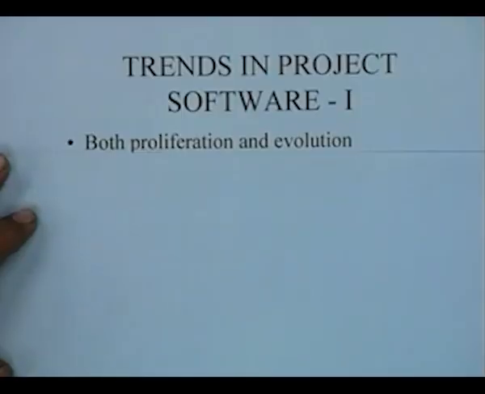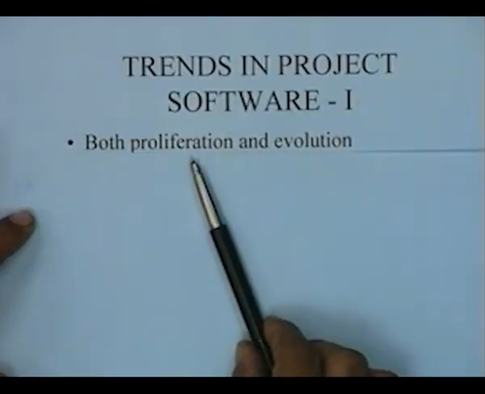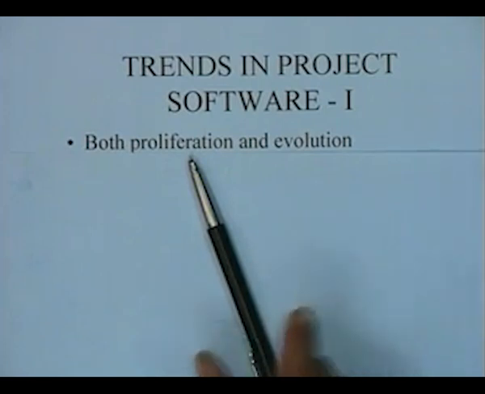I think it is perhaps right to say that in software there is both a proliferation and an evolution. By this we mean that yes, features have gradually improved, so you get better and better software. So that is evolution in that sense.